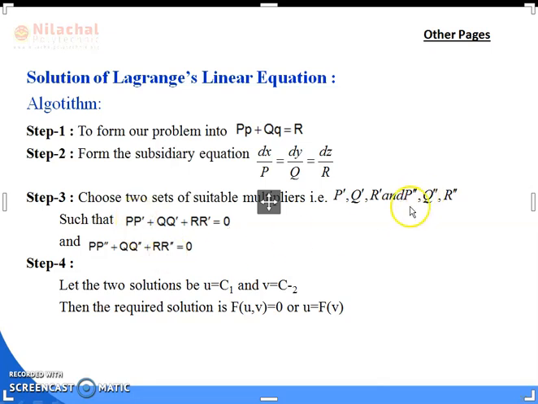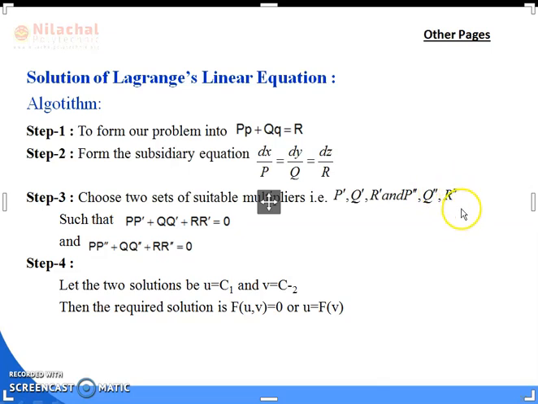And another, you are choosing P double dash, Q double dash, R double dash in such a way that P P double dash plus Q Q double dash plus R R double dash equal to 0. So it must satisfy, otherwise your P dash, Q dash, R dash and P double dash, Q double dash, R double dash are wrong.